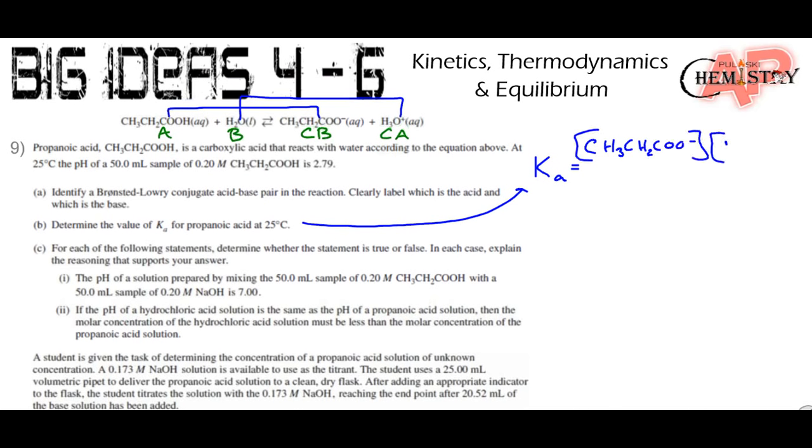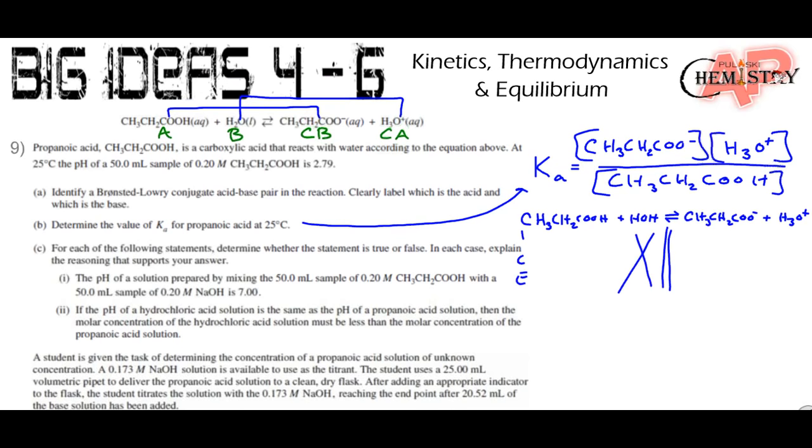It's going to be products over reactants, and you only use the aqueous species. So what you need to realize is that you must have enough of that information given to you. So if you don't know, maybe an ICE box would be appropriate.